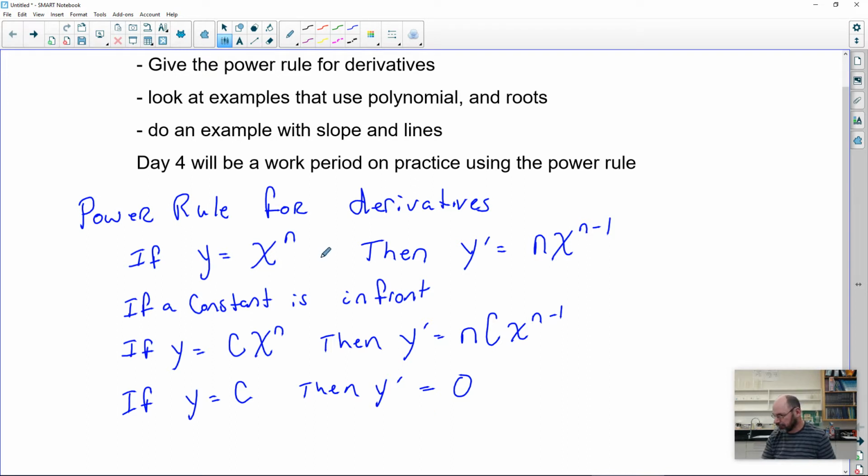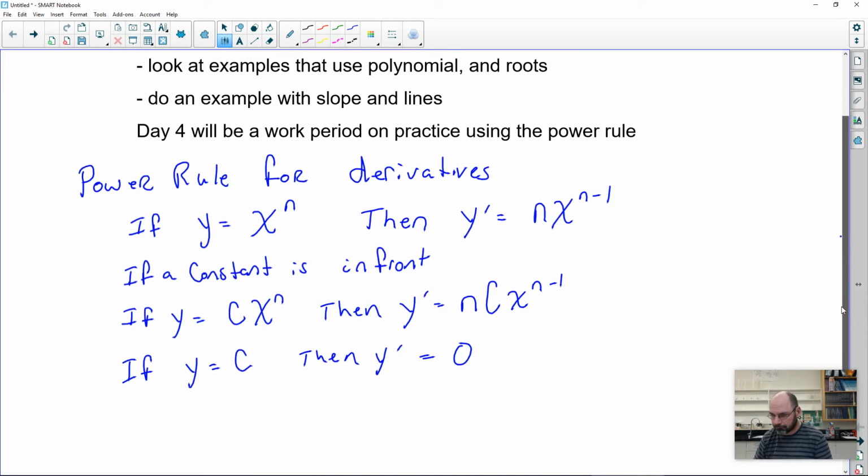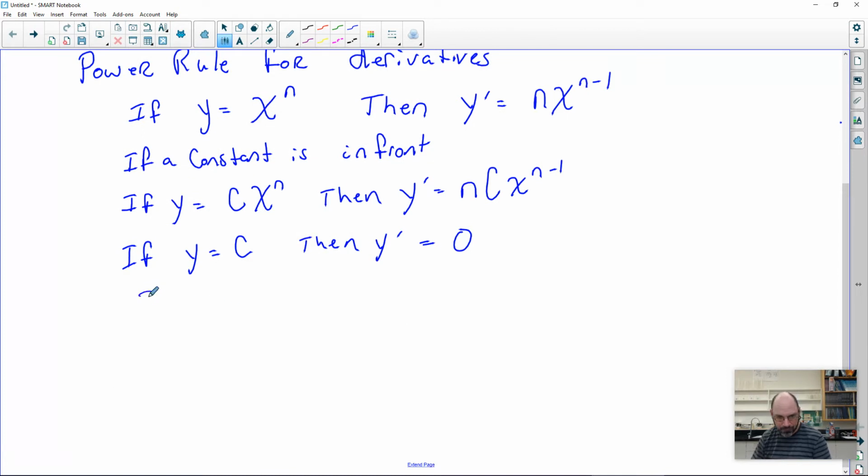So let's do some examples of this using the power rule idea. I'll get my notes, my examples that I'm going to try. Let's start with polynomial ones.